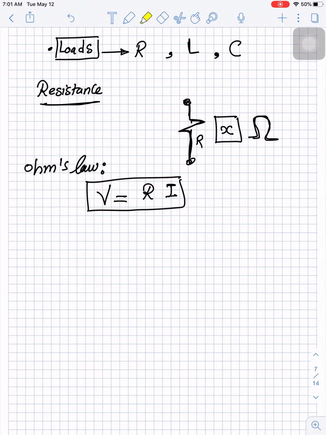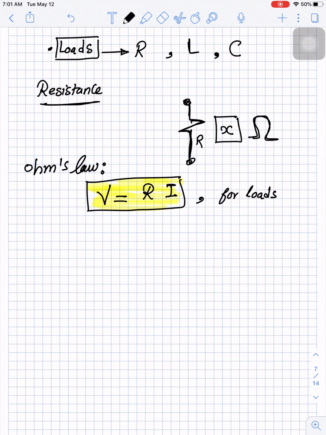And students forget that this equation is a directional equation. So what is the meaning of a directional equation? It means that Ohm's law is assuming that we have a load. So this is for loads.